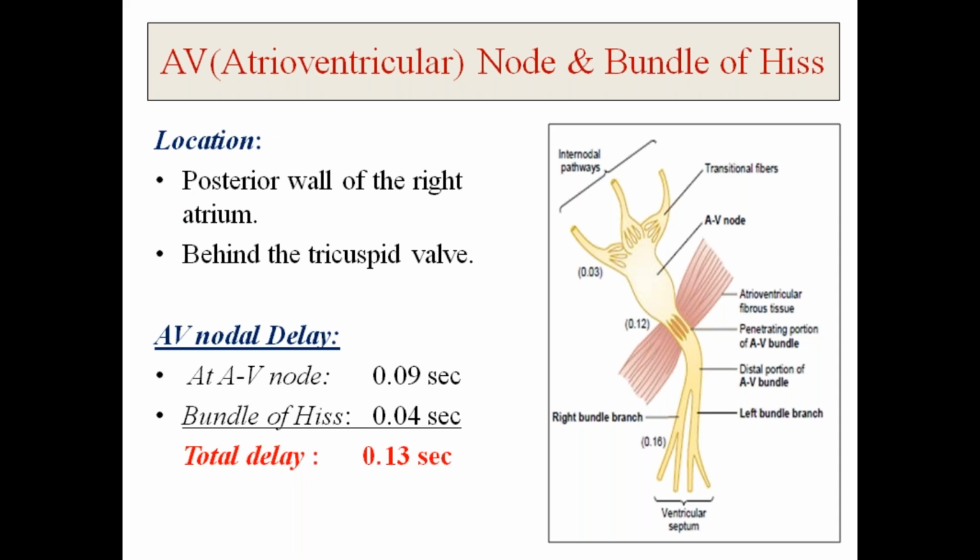If both atria and ventricle contract, what will happen? The force which is pushing the blood into the ventricle will be resisted by the force developing in the ventricle. As a result, there will be no filling of blood in the ventricle.